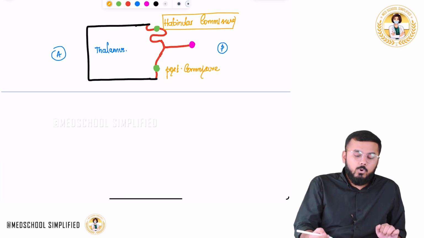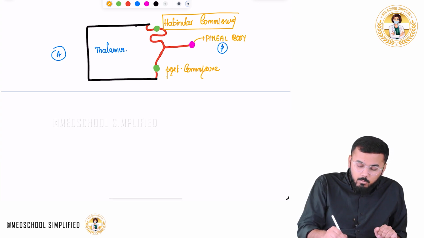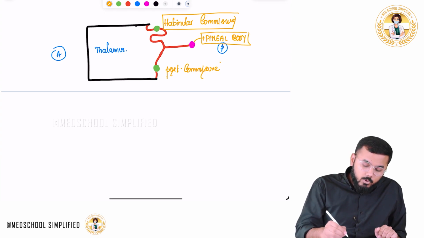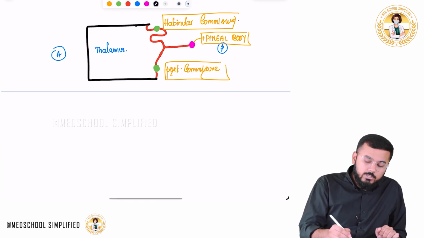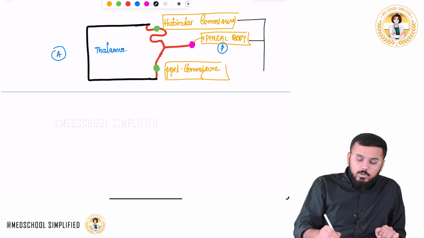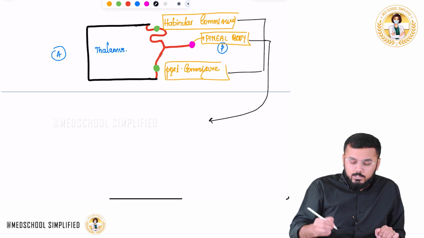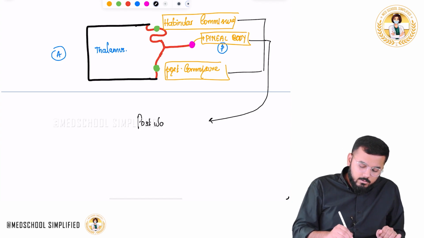Next important structure is your pineal gland or pineal body, right? The third important structure over here is posterior commissure. So there are three important structures: habenular commissure, pineal body and posterior commissure. All these structures together form the posterior wall of the third ventricle.